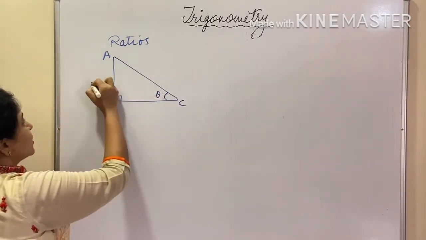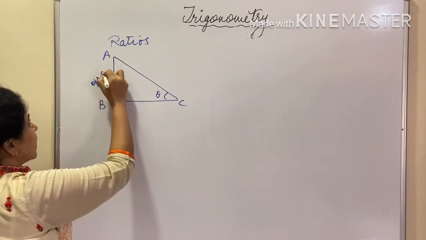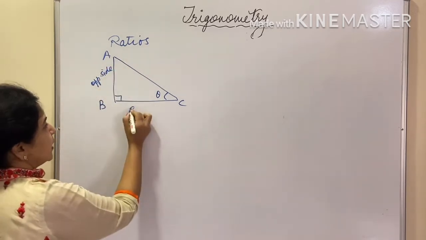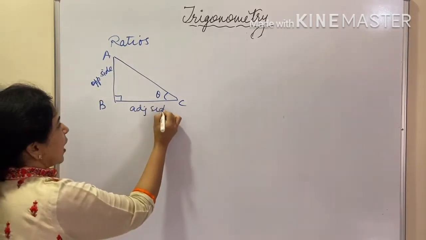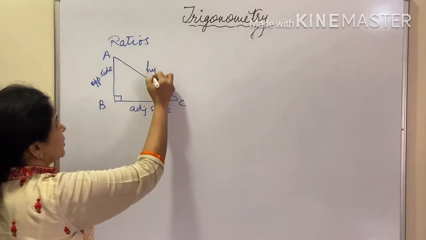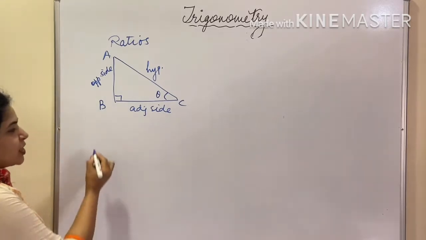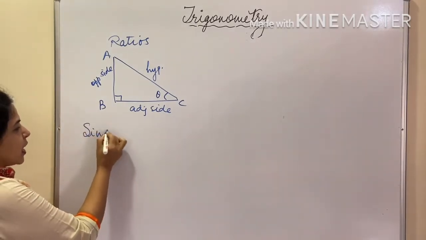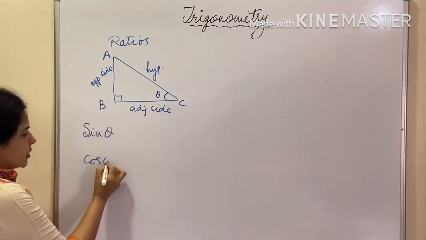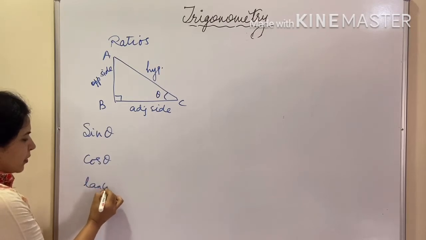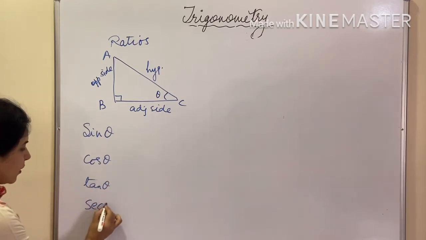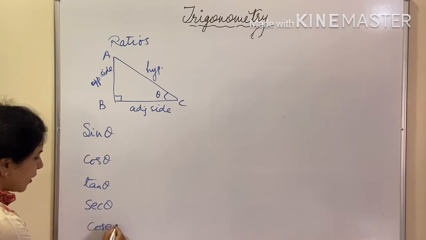Then the opposite side is this side and this is called the adjacent side. And you know the longest side is called the hypotenuse. Okay. Now we have 6 trigonometric ratios: sin theta, cos theta, tan theta, sec theta, cosec theta and cot theta.